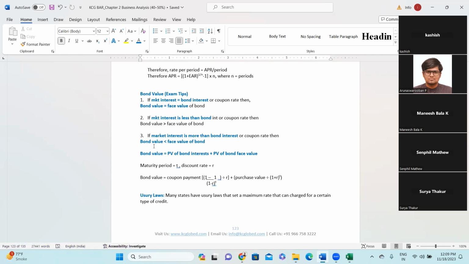So bond value is equal to present value of bond interest plus present value of the face value, right? The maturity period is T, discount rate is R. So bond value is equal to coupon payment multiplied by 1 minus T.